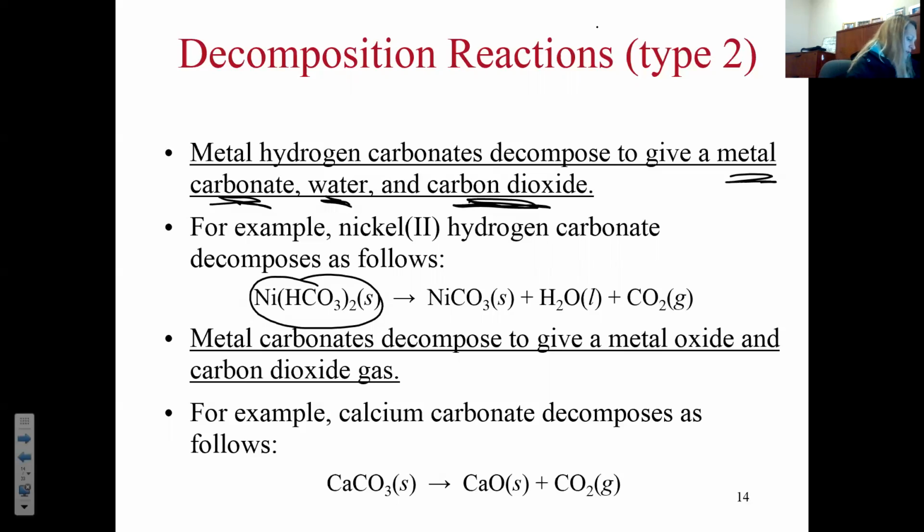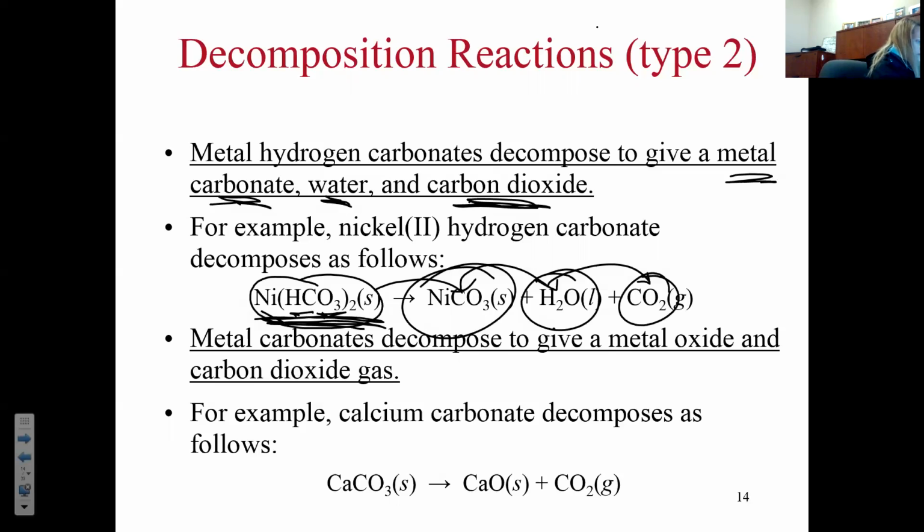What you really need to notice is that we're starting with a very large compound, with metal, hydrogen, and a carbonate, and we're breaking it down. So these are all three components that it's been broken down into. And you'll see that we get, again, a metal carbonate, water, and CO2.